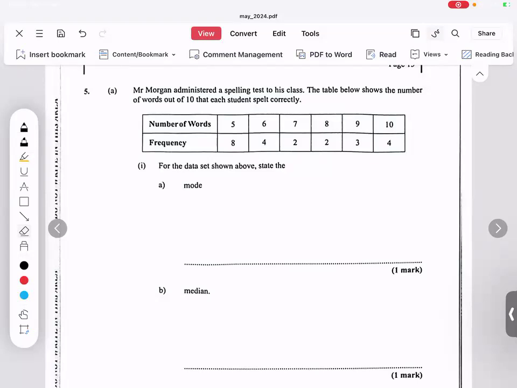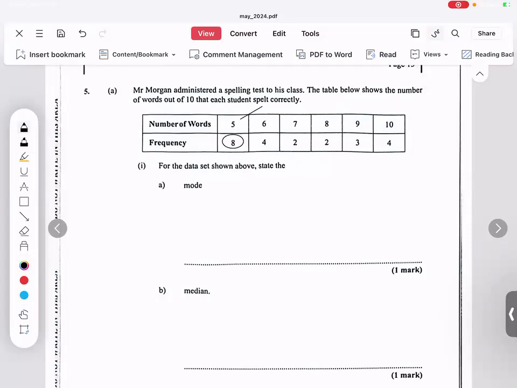Okay. So this table, based on what I'm looking at, is saying that 8 students spelled 5 out of 10 words correctly. I think that's what it's saying.